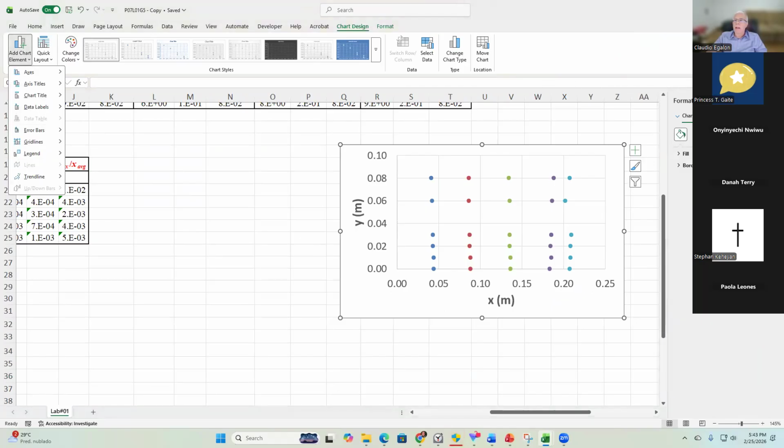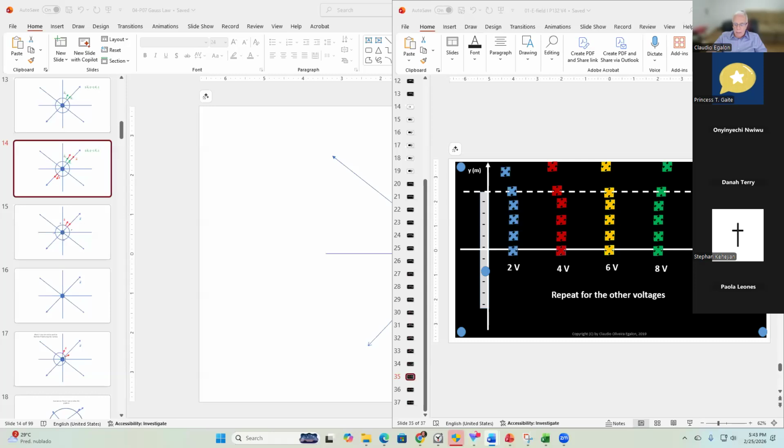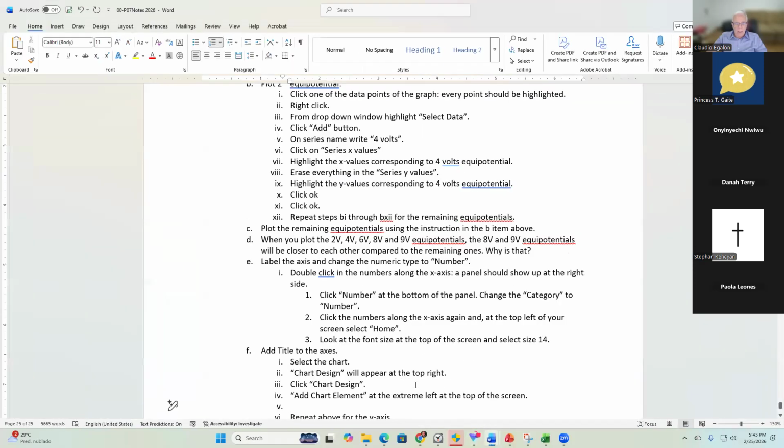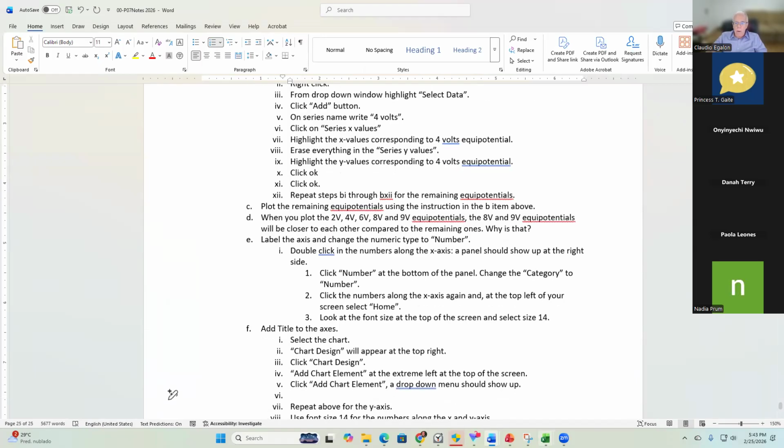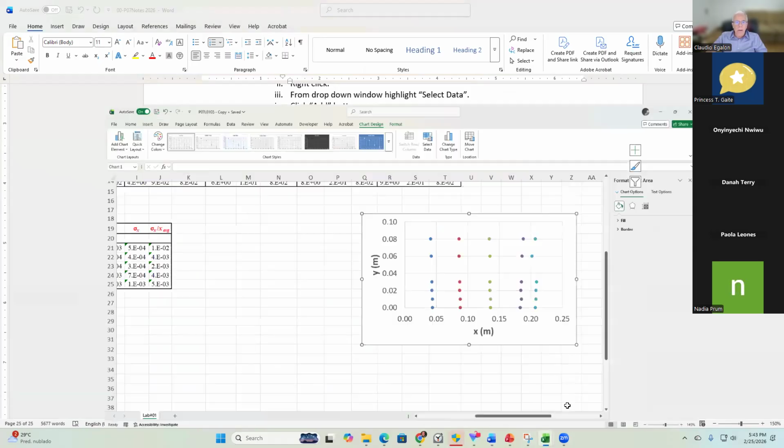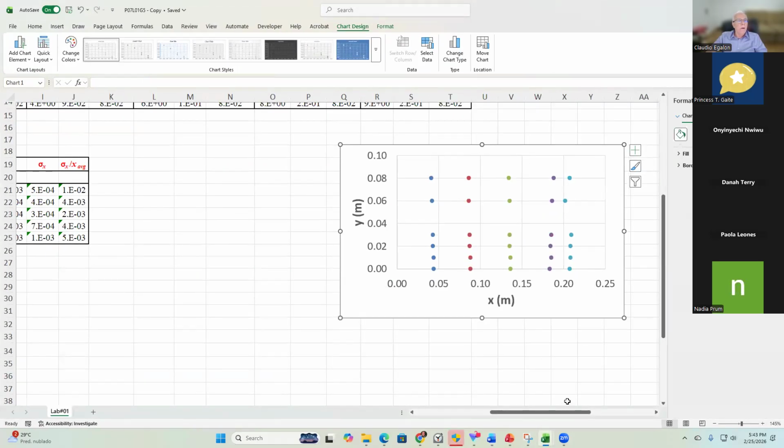Click on add chart element. A drop down menu should show up.